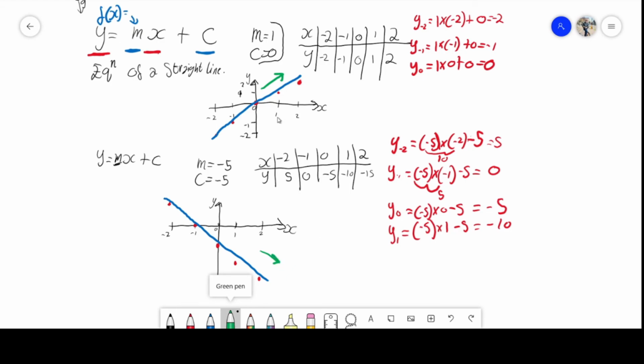In the first instance, we note that we're going uphill in ones. And here we're going downhill in fives. Amazing. What else do we notice?